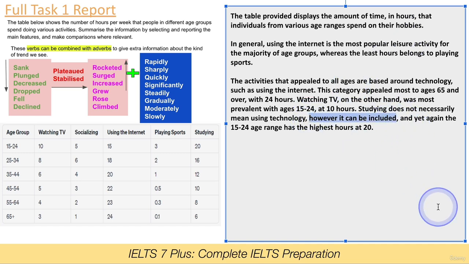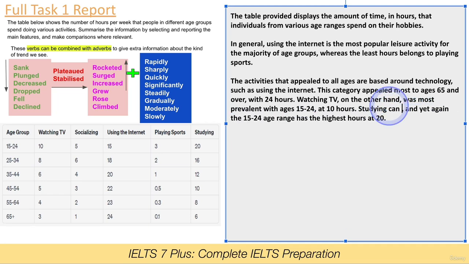I'm thinking back now. Studying does not necessarily, let's make this a bit simpler. Studying can mean using technology, or can be aided with technology. And yet again, the 15 to 24 age range has the highest hours at 20. Okay, so we're comparing, we're contrasting, we're picking the main features here, but we're not picking on absolutely everything.